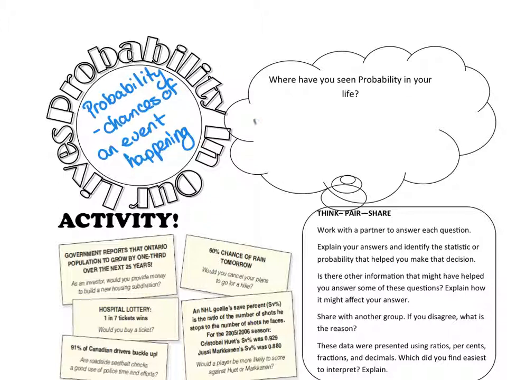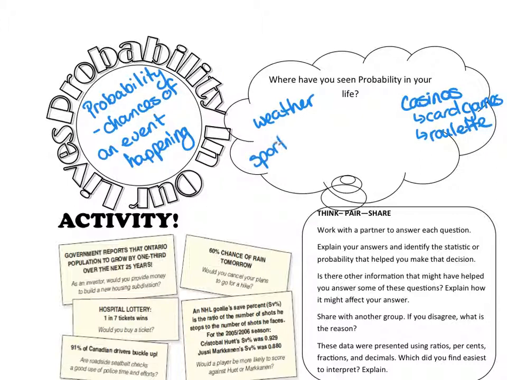some of the things you might have thought about might have been weather. They talk about the probability of it raining or probability of precipitation. Casinos, specifically card games or roulette, sports, such as hockey and the save percentage, batting average, lots of different sports examples.